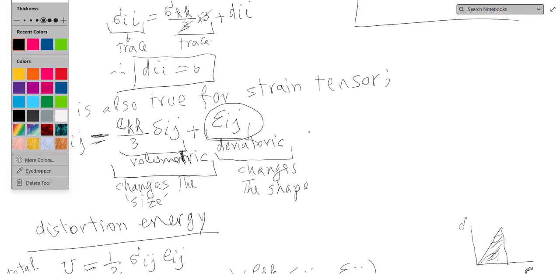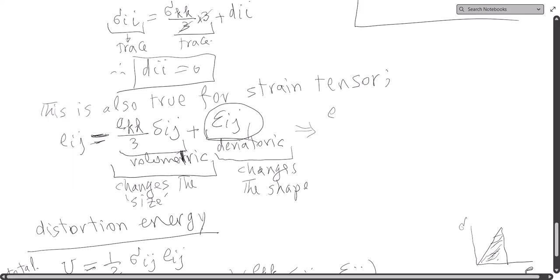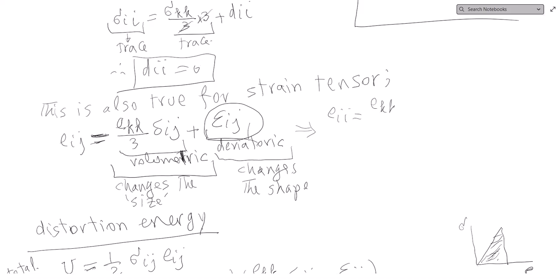Here we can say that e_ii is equal to e_kk divided by 3 delta_ii for i equal to j, plus epsilon_ii. But this is 3. Delta_ii is 1 plus 1 plus 1, because you have to sum over the repeated index, and therefore this one is equal to this one, and therefore epsilon_ii is 0.